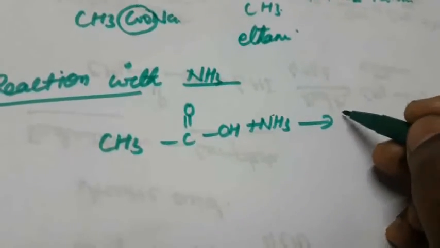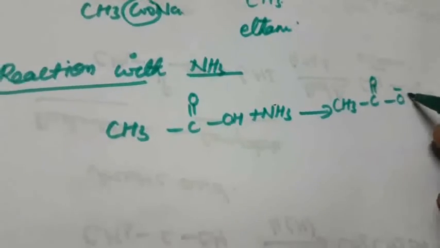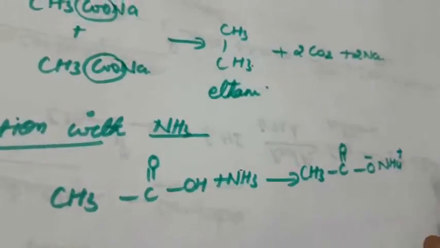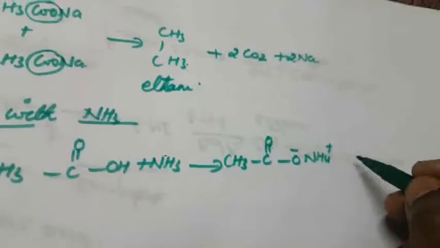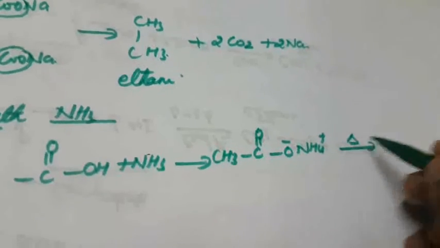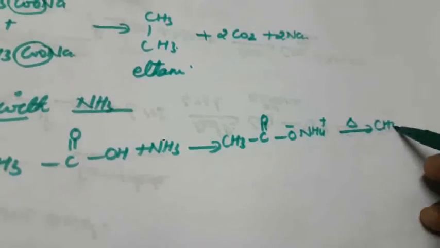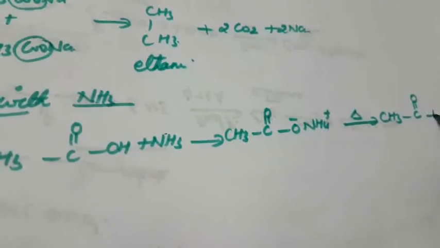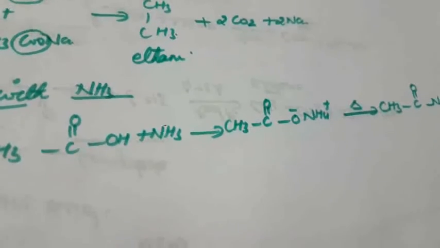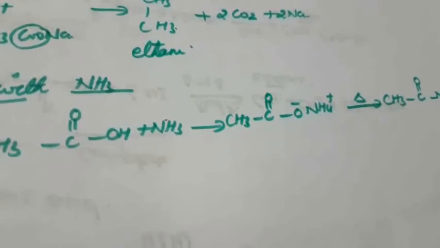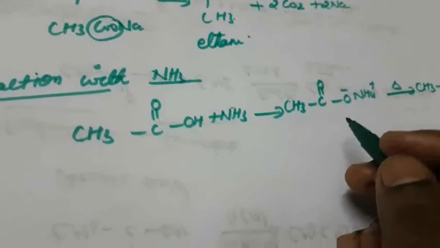So ammonium acetate will be formed, CH3COO minus NH4 plus. Then on heating it forms acetamide, CH3, C double bond O, NH2, plus H2O. Okay, so this is another one.